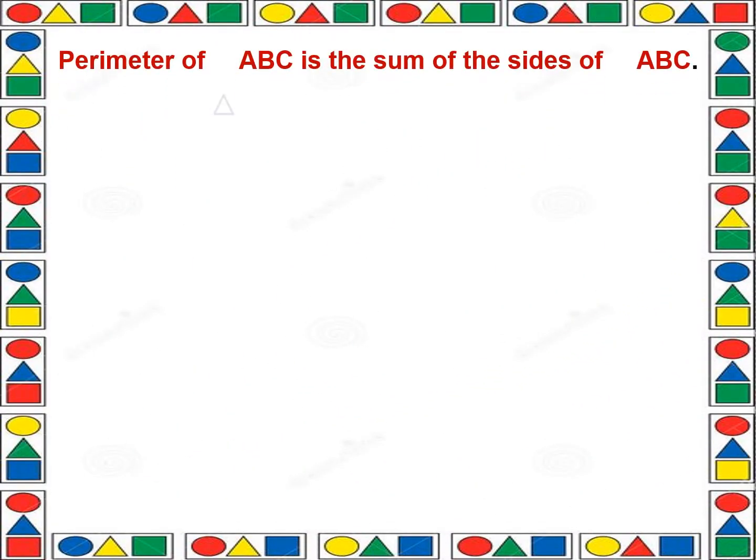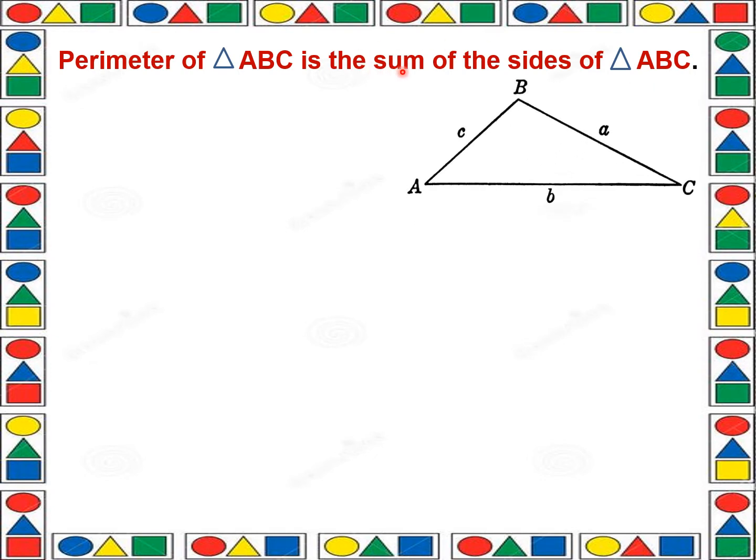Now we will see the perimeter of triangle ABC, which is the sum of the sides of triangle ABC. Sum means addition. This is a scalene triangle, all sides are different.